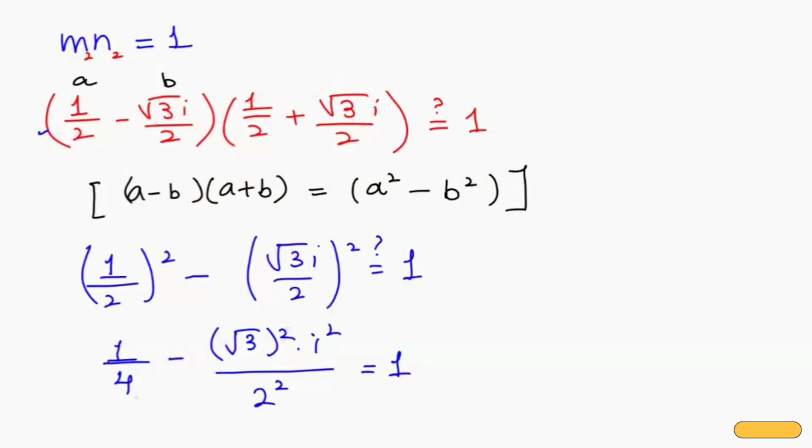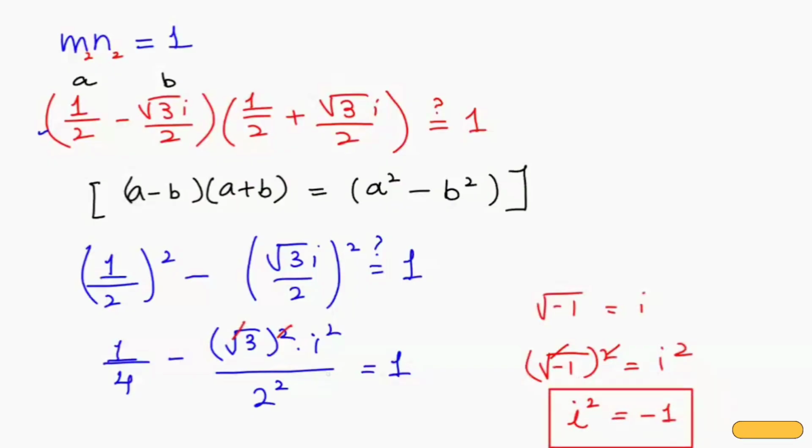Here iota is root of -1, so I'm going to square both sides, and so iota square is equal to -1.